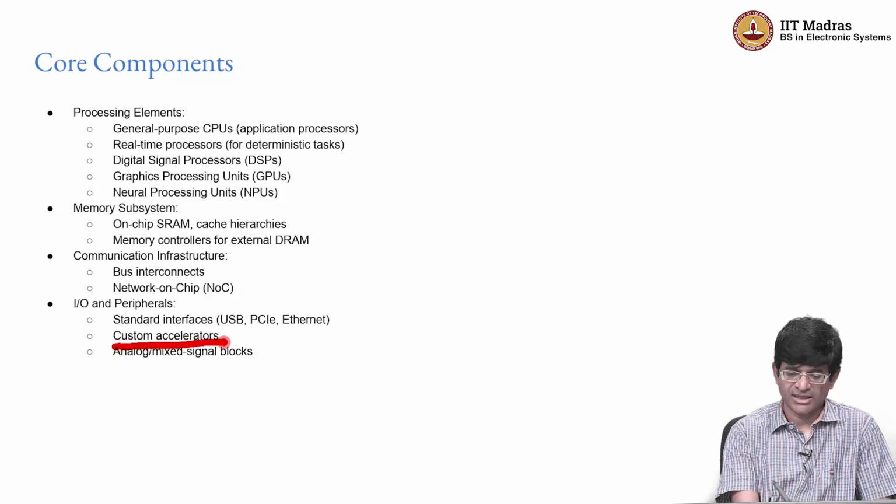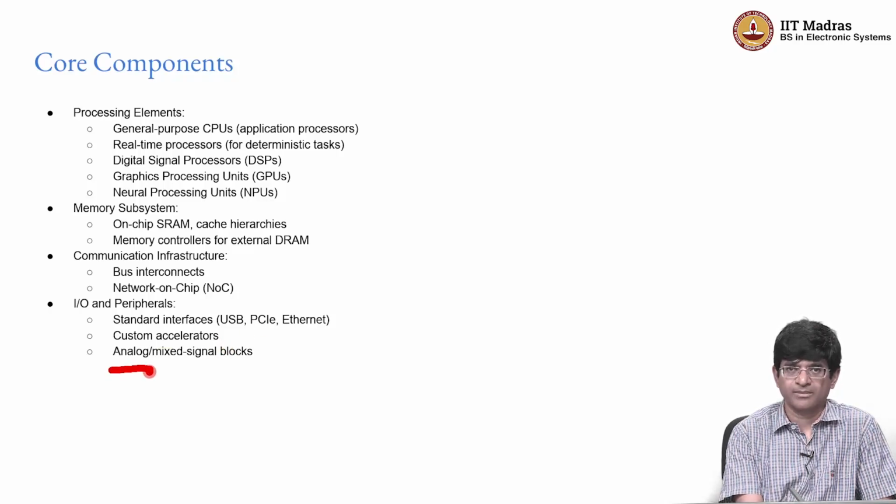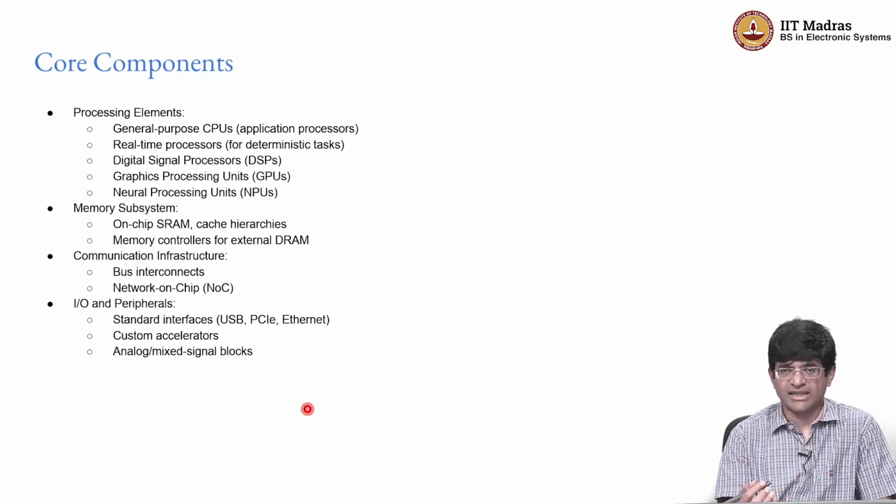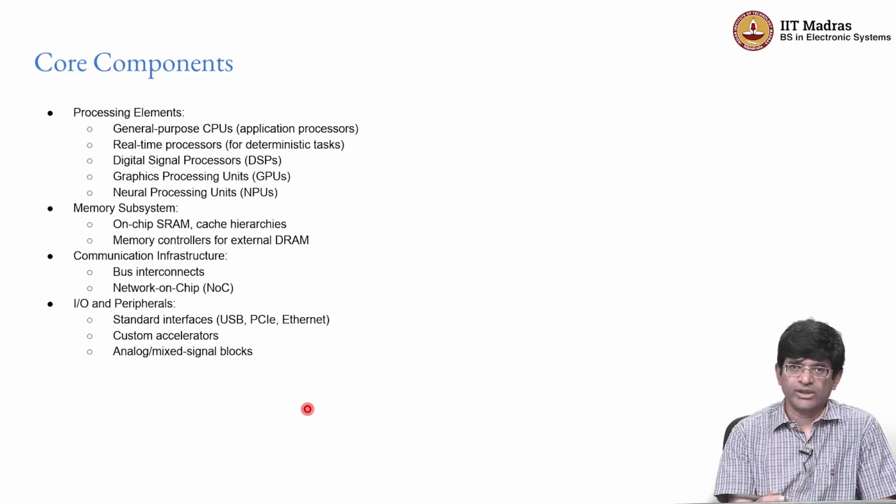Nowadays, especially, there are a large number of custom accelerators that need to be integrated into a chip, as also various kinds of analog or mixed signal blocks, because increasingly the tendency is to integrate even the analog components, for example the analog to digital converters as part of a microphone or a camera, or something which can generate a driver signal for an LED display. All of those are mixed signal components, or maybe the modem which does the radio frequency signal generation for communication. All of these we also try to integrate within the same system.